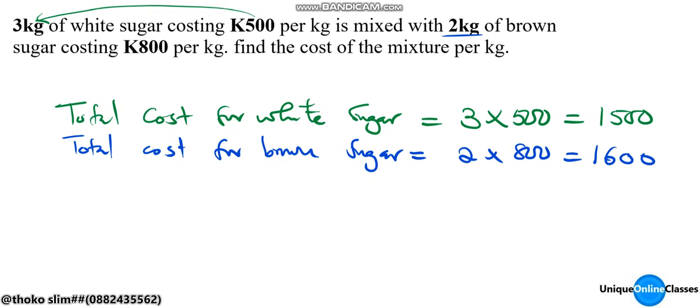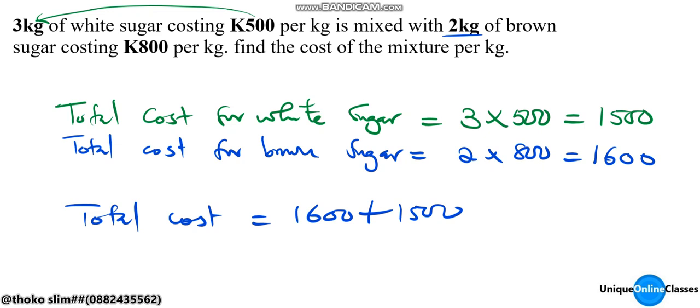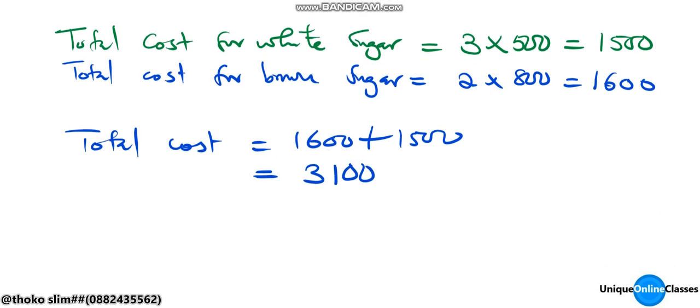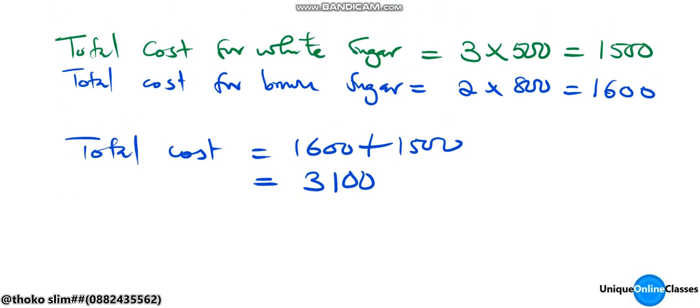So the total cost here is the sum of 1600 and 1500. If we add that, the answer is 3100 kwacha. That's the total cost for the brown and white sugar.